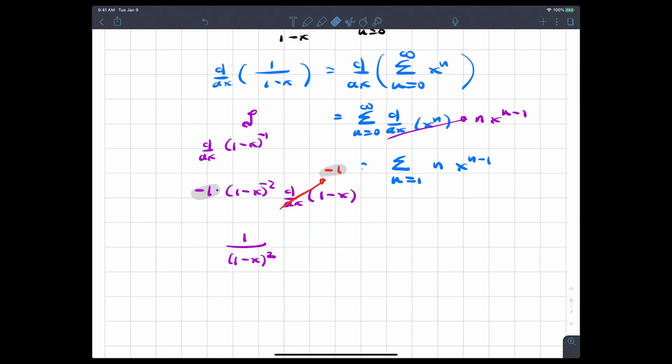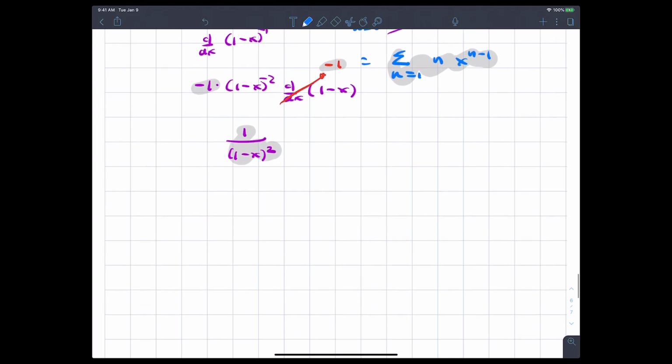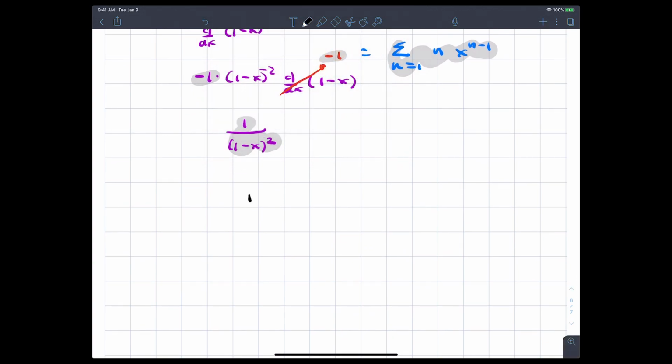Don't forget, this is the left side of the equation, and this is the right side of the equation. So my power series expansion now for a new function is the sum, n is 1 to infinity, of n x to the n minus 1.